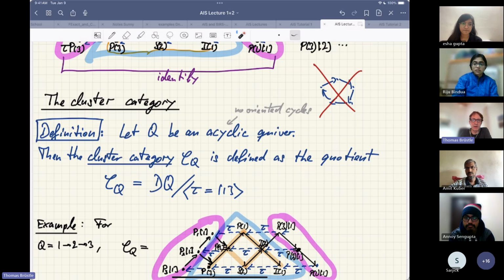This has been done by Claire Amiot. It has some properties which is now known as a 2-Calabi-Yau category. And in that context, you can still consider cluster tilting and mutations. Okay, thanks.